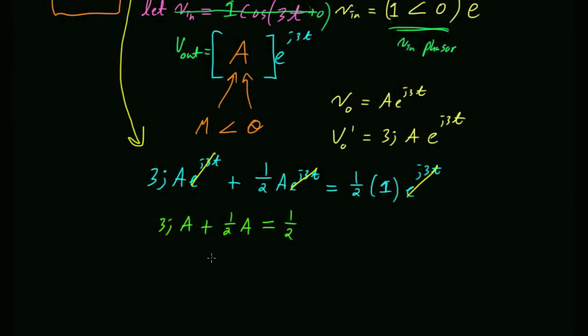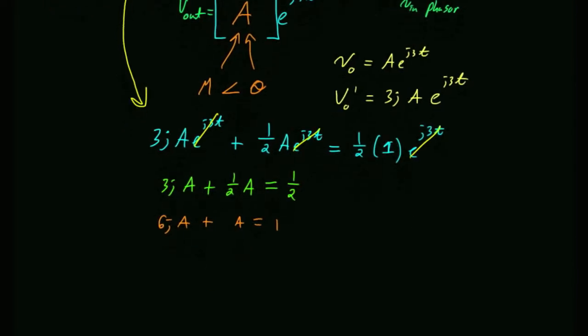Multiplying through by 2 would be a start. How about we factor out? Let's do two steps at once: multiply through by 2 and factor out an A on the left-hand side. So multiplying through by 2 gives me 6jA plus A equals 1.